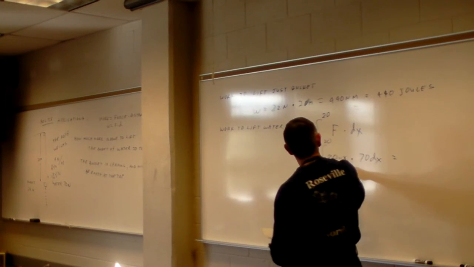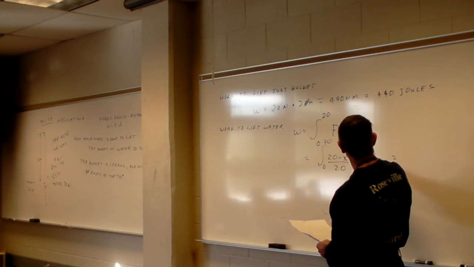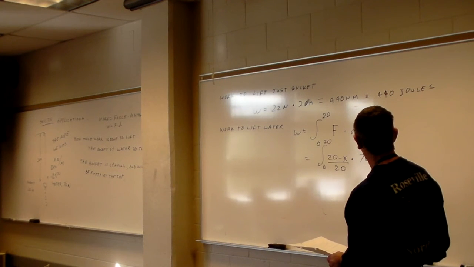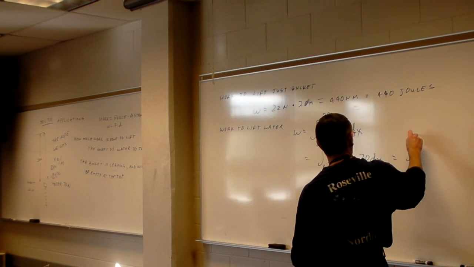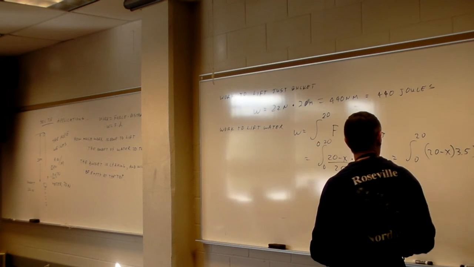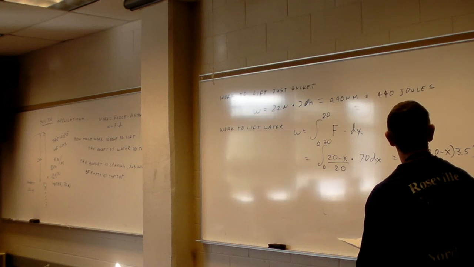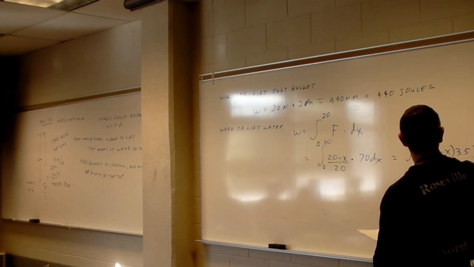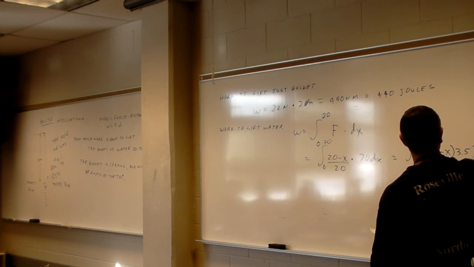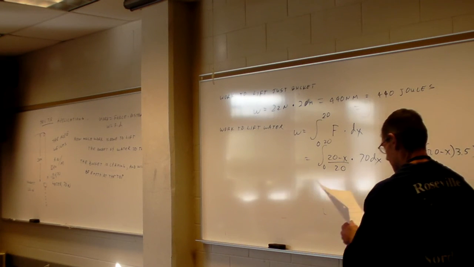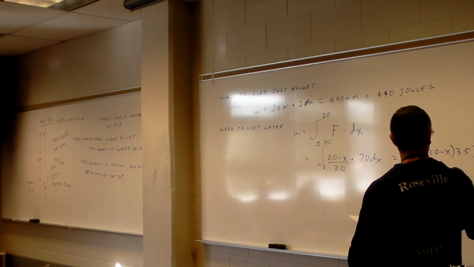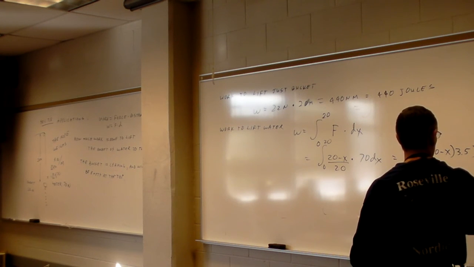If you divide 20 into 70, it is 3.5. 20 times 3.5 is 70. So it's basically 70 minus 3.5x integrated from 0 to 20. And that turns out to be 700 joules or 700 newton meters.